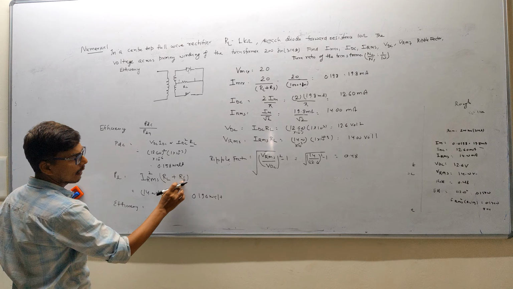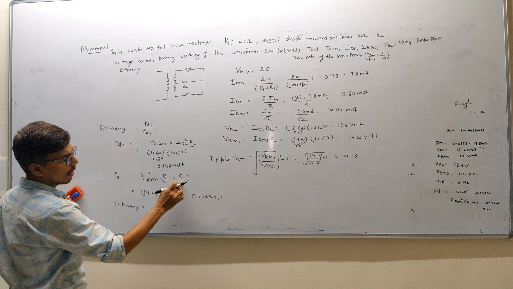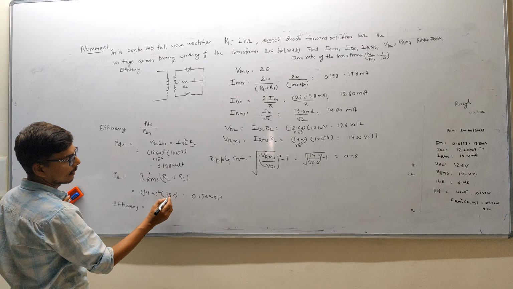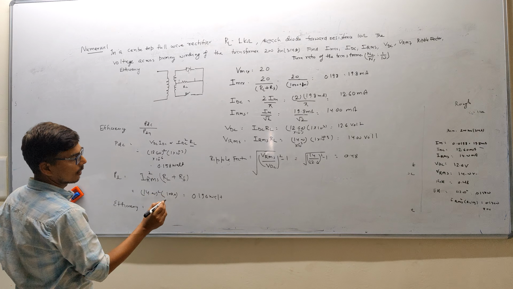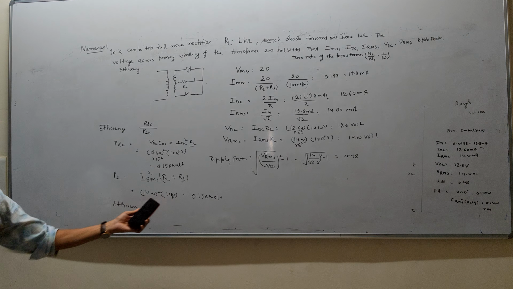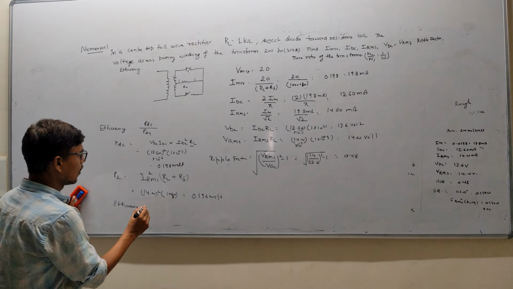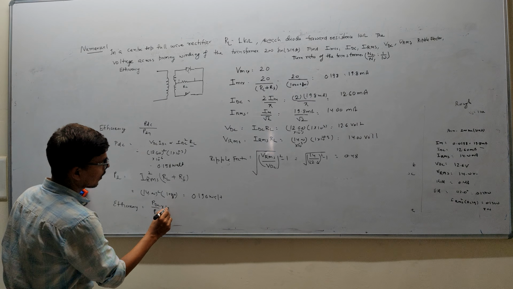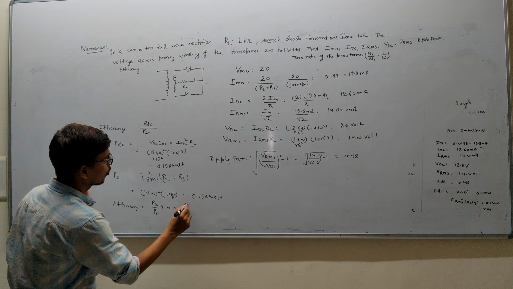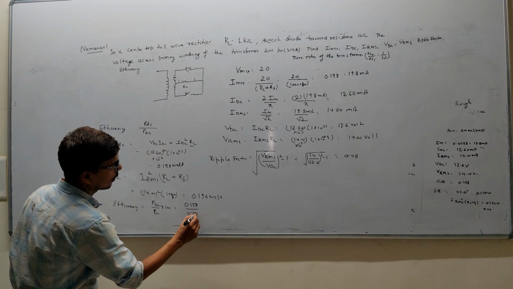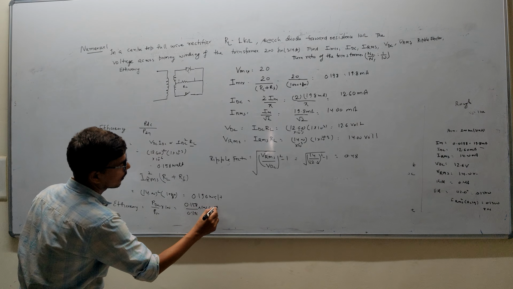If you neglect it, because diode resistance is quite small, you will write 1000; those who include it will write 1010. So there will be a slight difference in the answer. Efficiency is PDC upon total power input into 100 percent. It comes out to 0.158 upon 0.196 into 100, which is 80%.